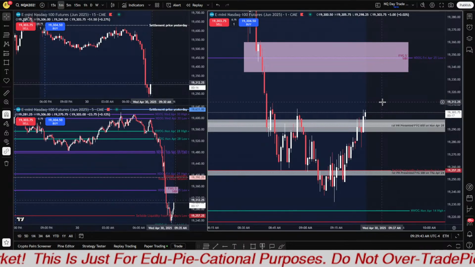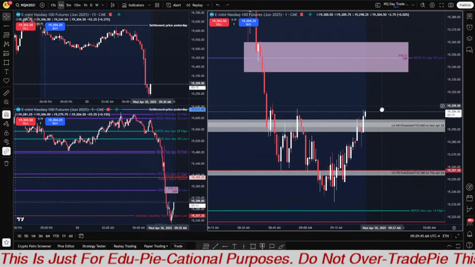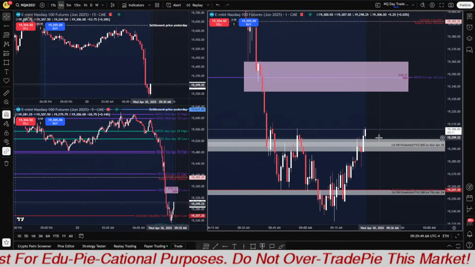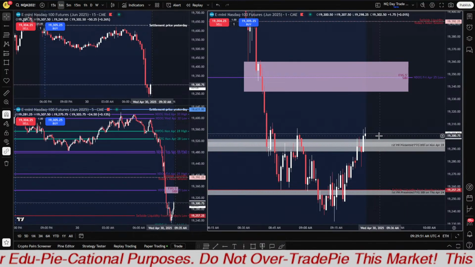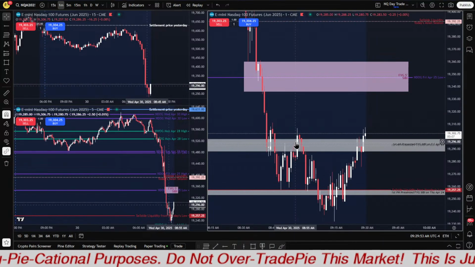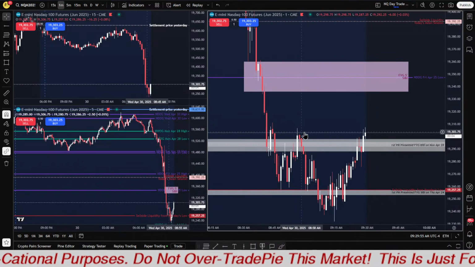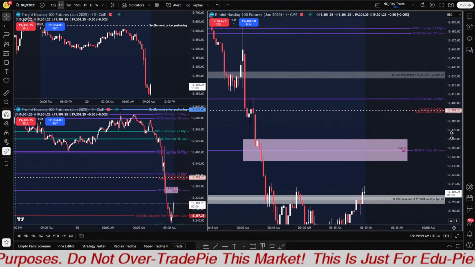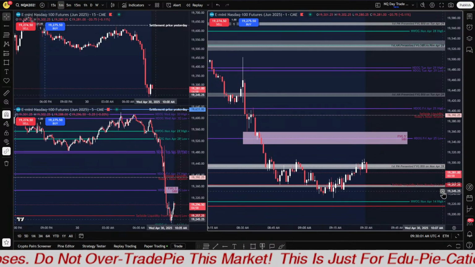So 20 seconds to the opening bell. For the first run, I'm expecting the market, after touching this breaker block, this white candle, starts its run going higher for reaching to this.